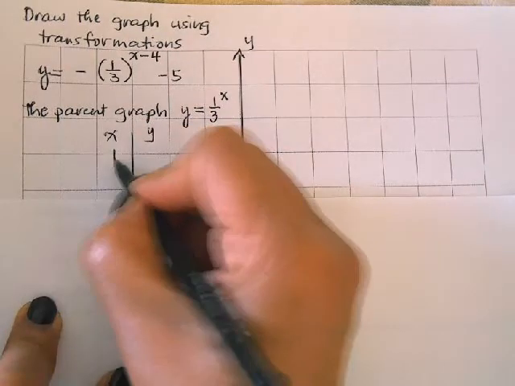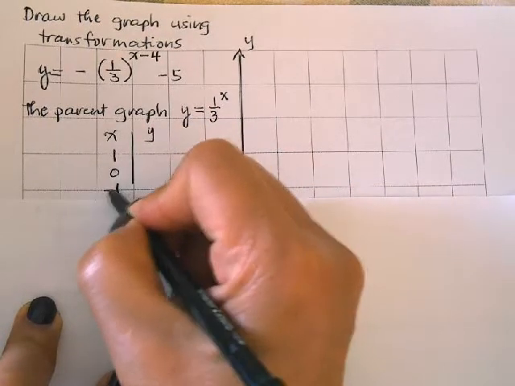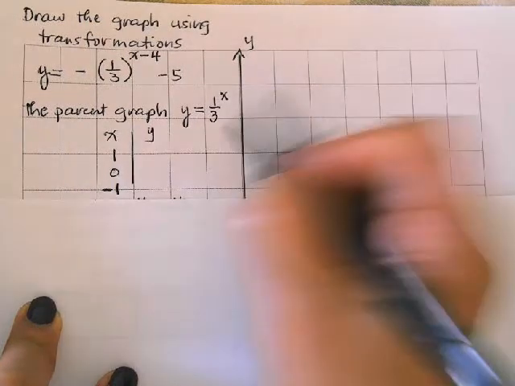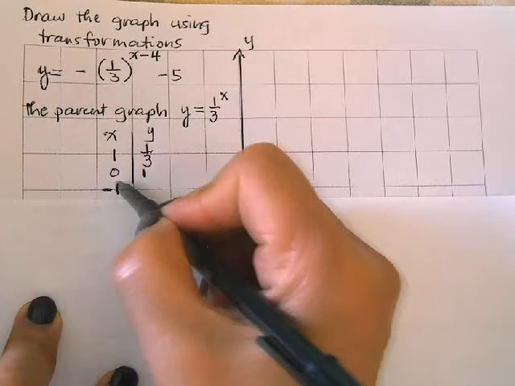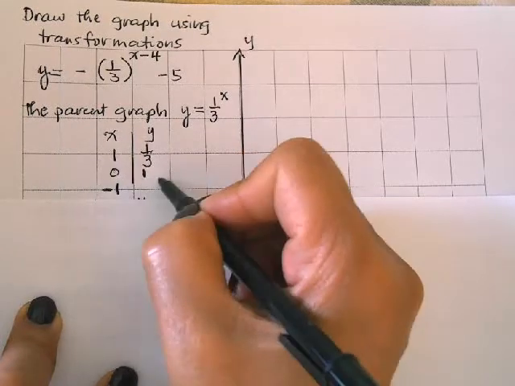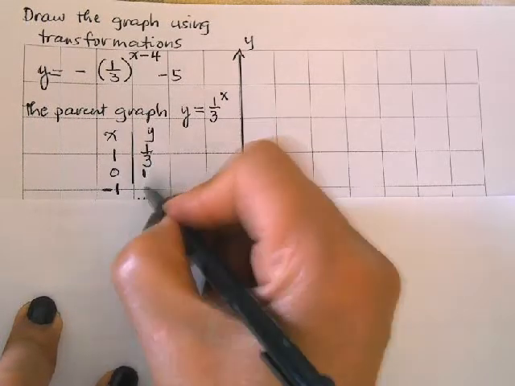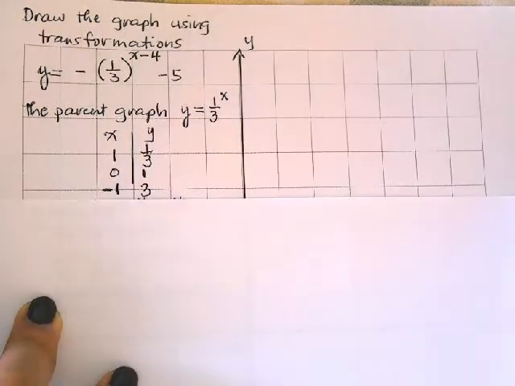So when x is 1, 0, and -1. When x is 1, it will always be the base, so 1/3. When x is 0, it will always be 1. And then you just get the reciprocal of that. So those are your 3 points.